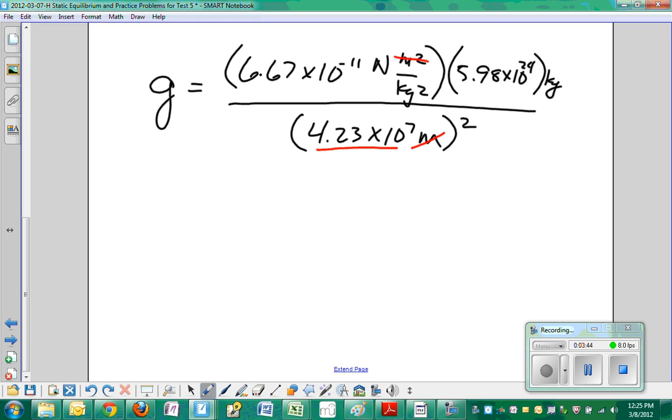Kilograms, so we have newtons over kilograms. That should be meters per second squared. Okay, so it checks out. Because newtons is equal to kilogram meters per second squared, newtons divided by these kilograms is equal to meters per second squared.